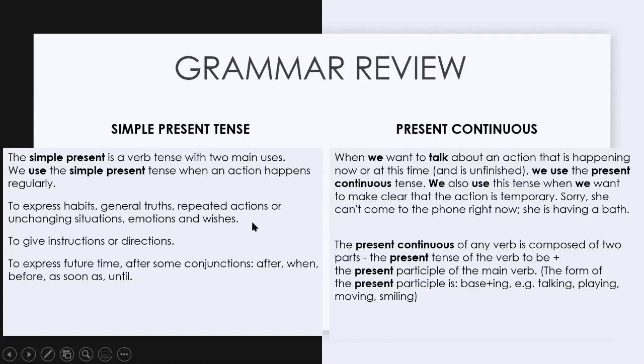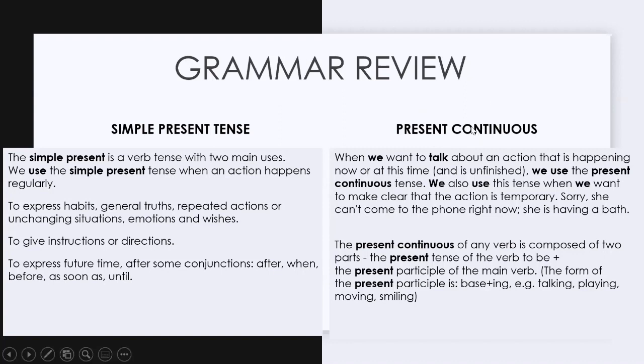You use it to talk about things that happen again and again. You use the simple present to give instructions or directions. Go straight, turn right, turn left, go round. It's also for instructions, which means you do not change the verb. The verb cannot be conjugated.